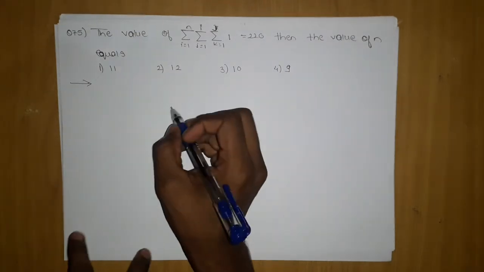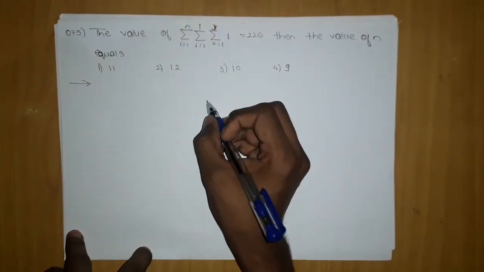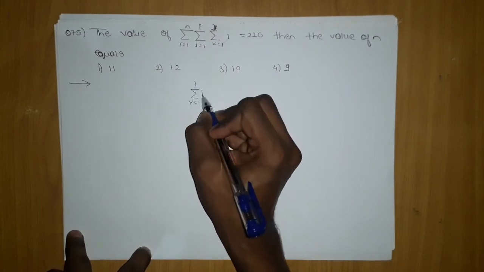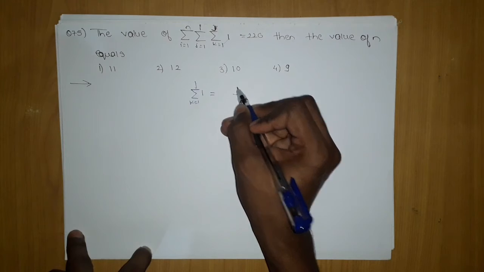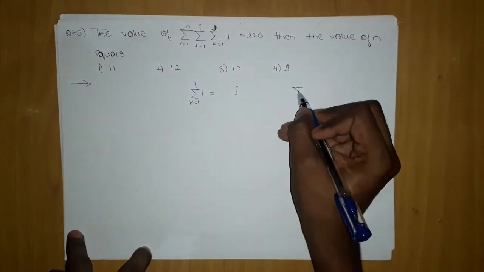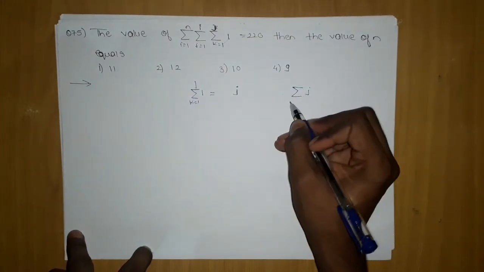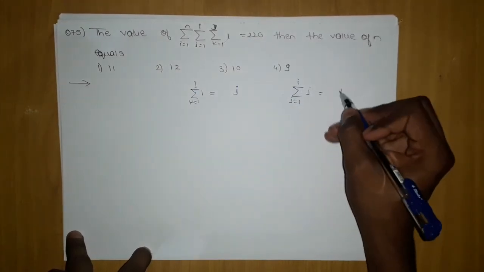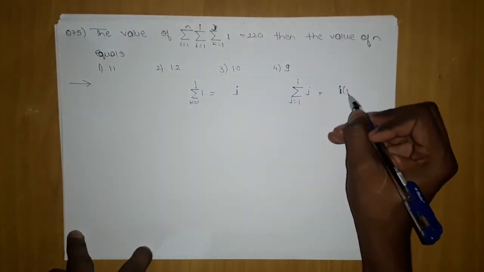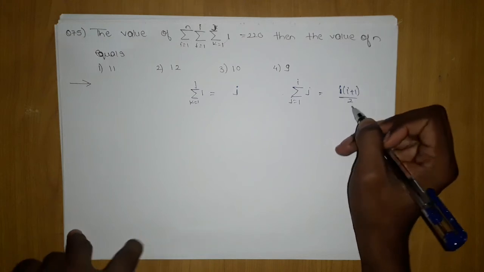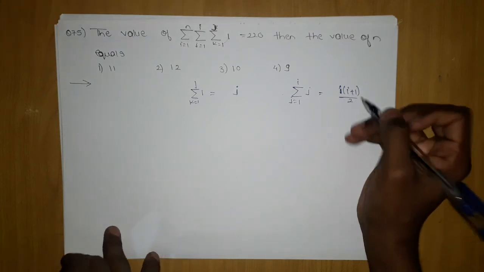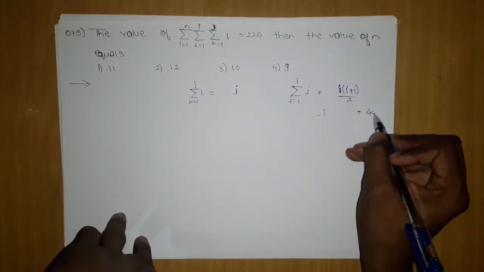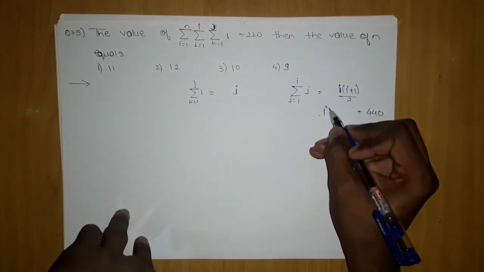So if I open this, summation k equals 1 to j is nothing but j, and now this j, with j equals 1 to i, will become i into i plus 1 by 2 as per sum of n terms. Now this 1 by 2, if I move it that side, this will become 440. I am left with i square plus i.